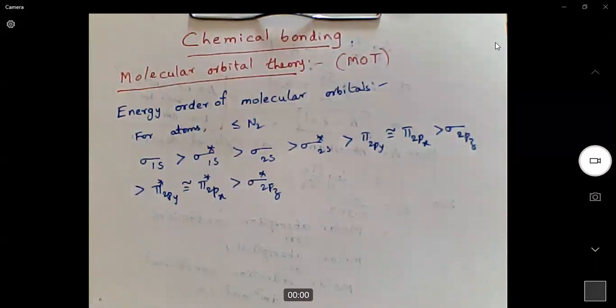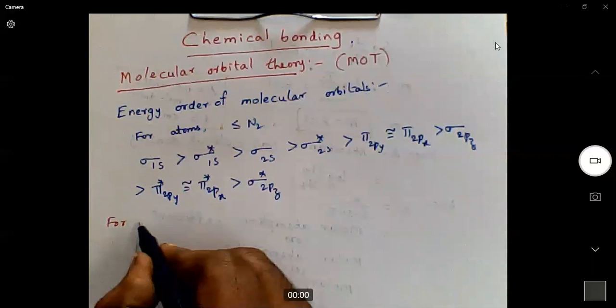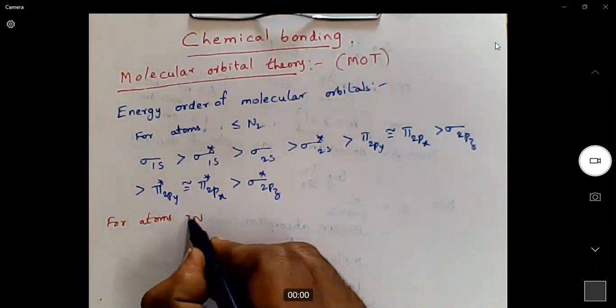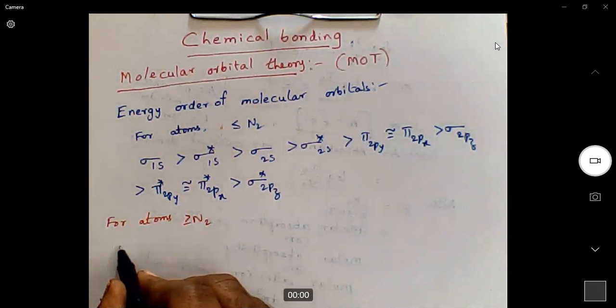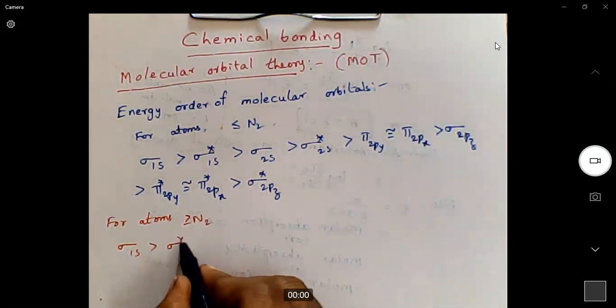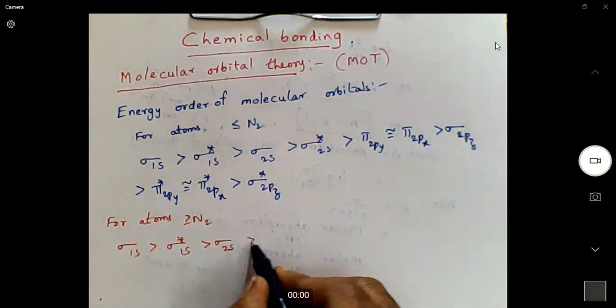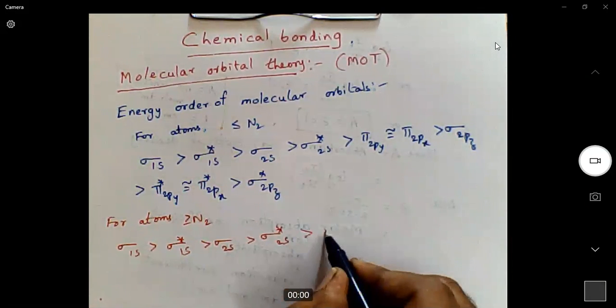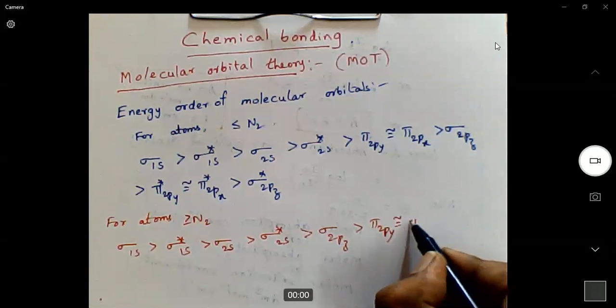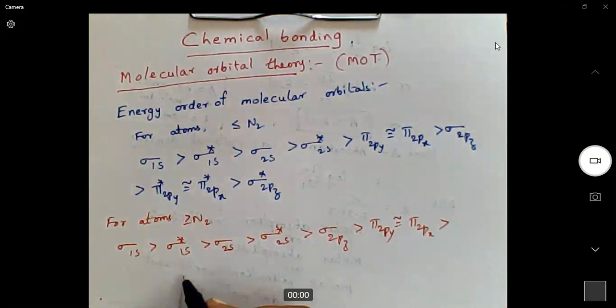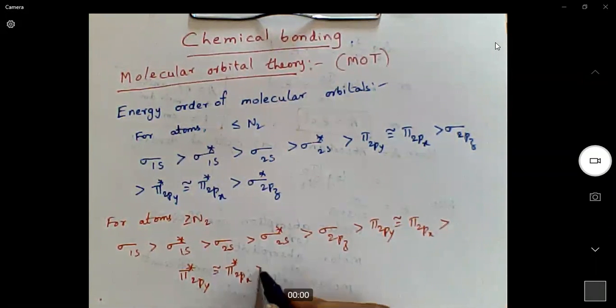less than nitrogen. For atoms greater than nitrogen, we can use the following energy order: sigma 1s, sigma star 1s, sigma 2s, sigma star 2s, sigma 2pz, pi 2py, whose energy is equal to pi 2px, then pi star 2py equal to pi star 2px, then sigma star 2pz.